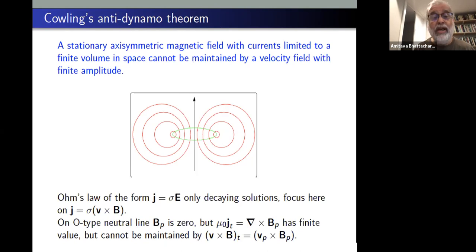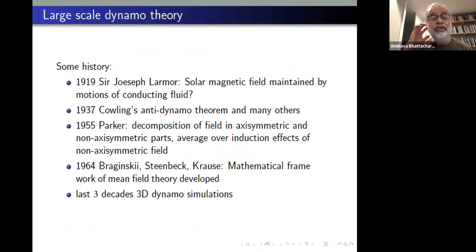So Cowling laid the rule down on what you needed to do to get to an understanding of what conditions you need to break in order for you to get a dynamo.